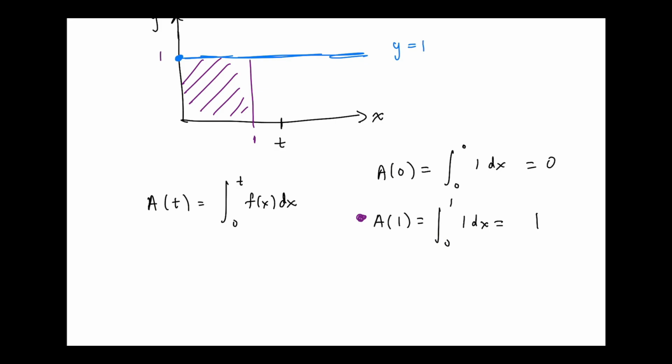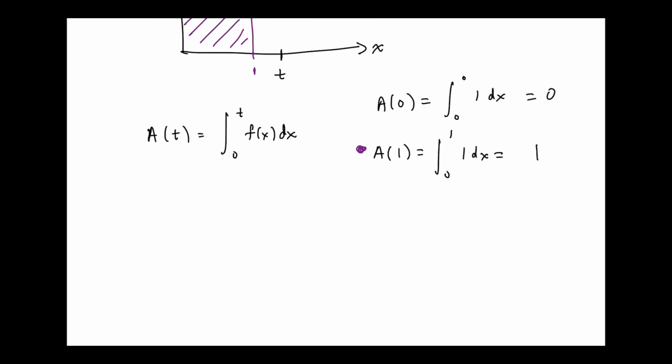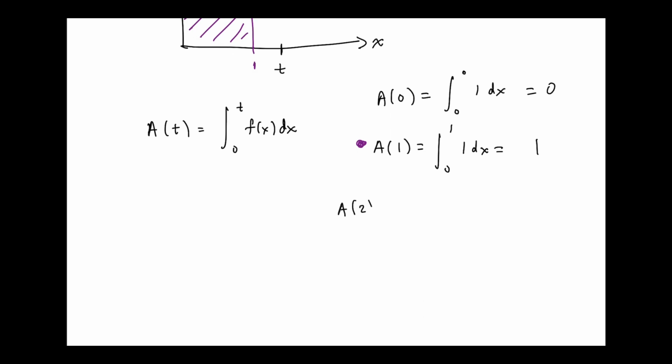Okay? All right. Now, if we continue this game, what's A of 2? Two. Okay? And so on. Right? Okay, makes sense?